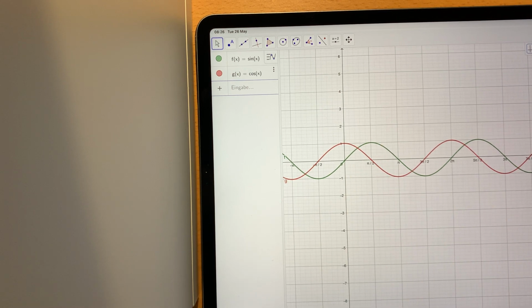So it's the same curve, but translated by pi halves. If you took this max pi halves to the right, you would plot it onto the green graph. If you took the green graph pi halves to the left, you would plot it onto the red graph. So it's quite important to understand this.